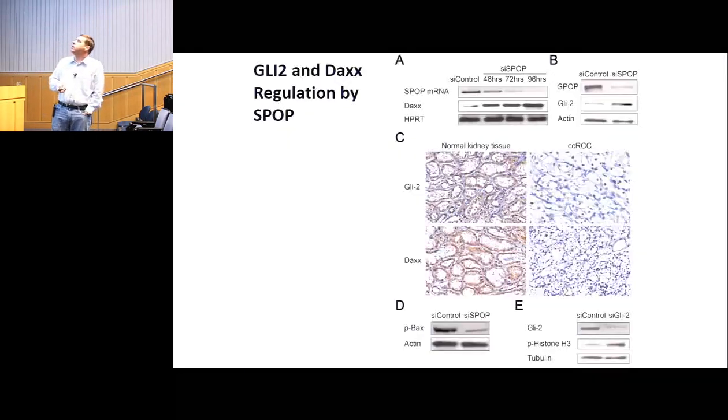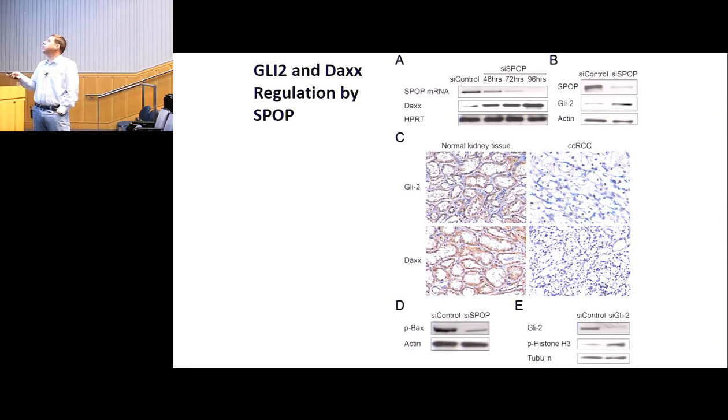We show the same thing for GLI2, another target in the hedgehog pathway. It's a transcription factor in the hedgehog pathway, and DAXX, which is a pro-apoptotic molecule. So all these things are targets of SPOP. It's acting as a hub, just like it was the hubbiest, most central factor from that Drosophila network.